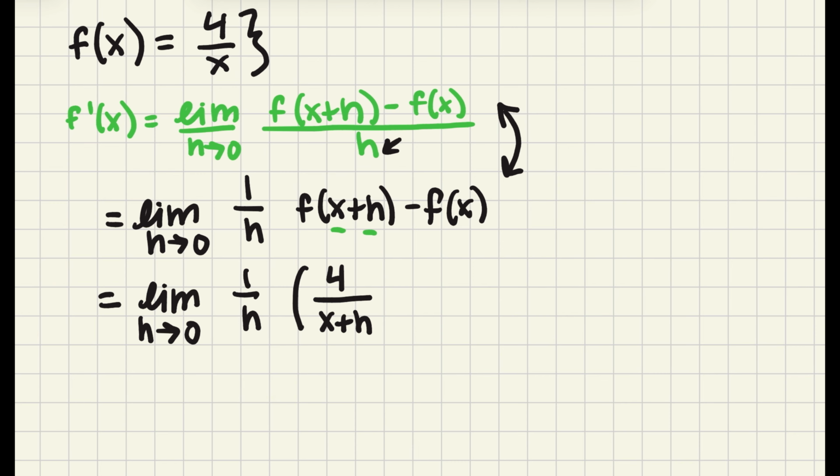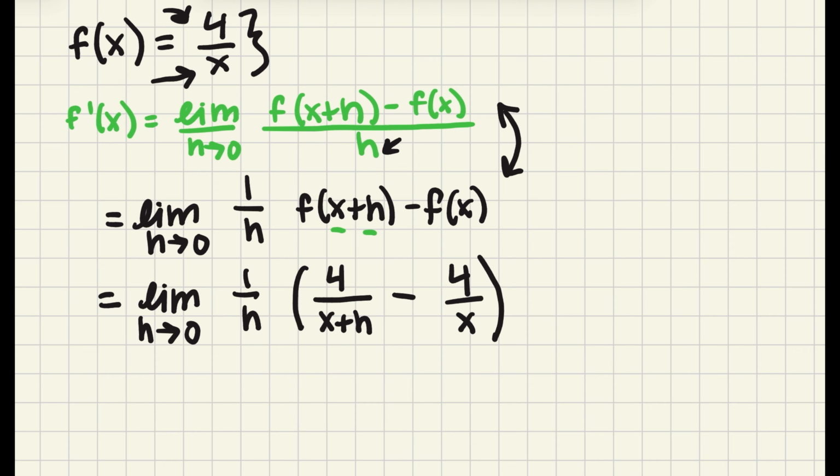That 4 comes from up here, our original function, and the x plus h just goes in the bottom right here. All right, okay, minus f of x again, just our original function, which is 4 over x. Okay, not so bad so far.